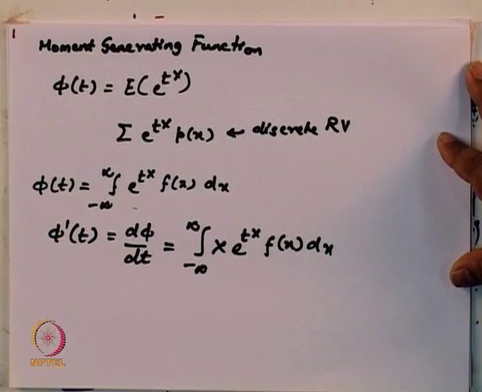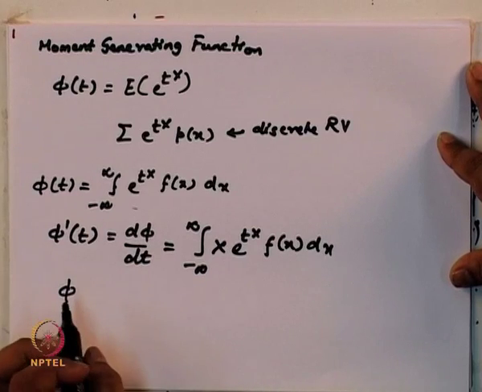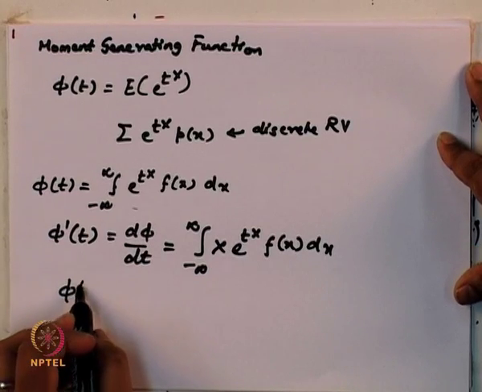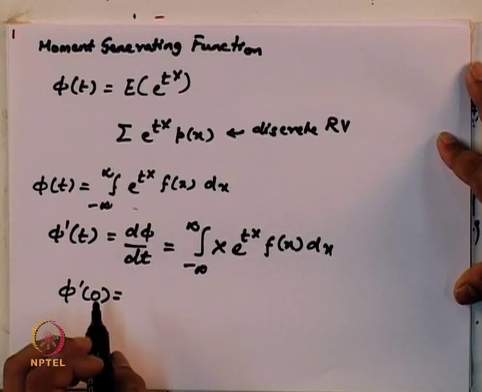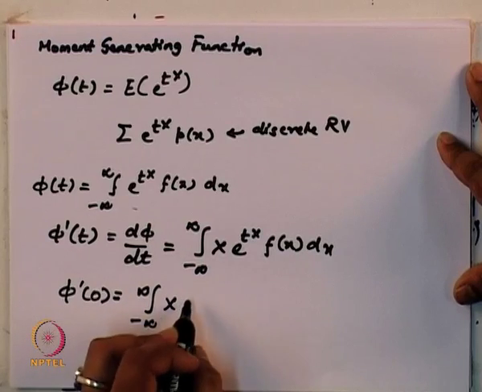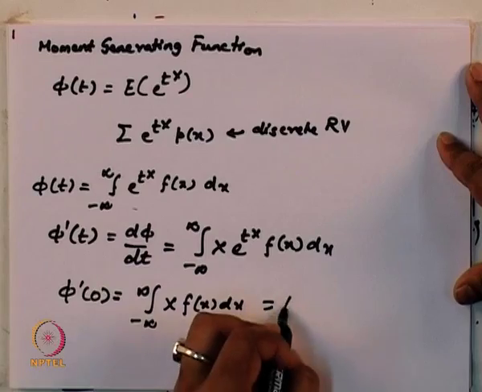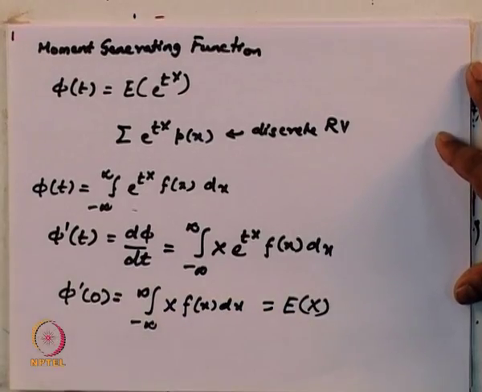Okay. So, what do we get as a consequence of that? I can write phi prime of 0 is equal to the integral from minus infinity to infinity of x f of x dx, which is nothing but the expectation of x.